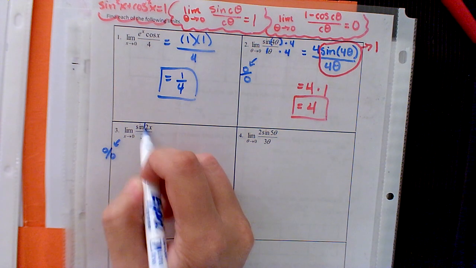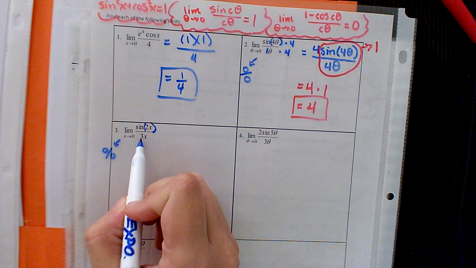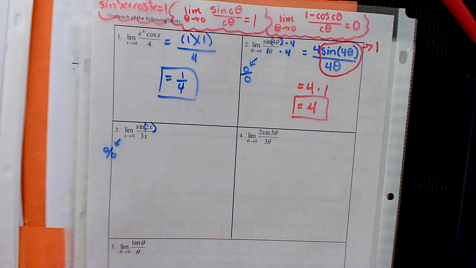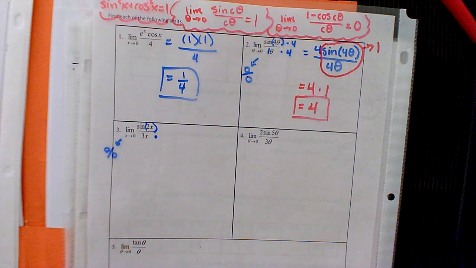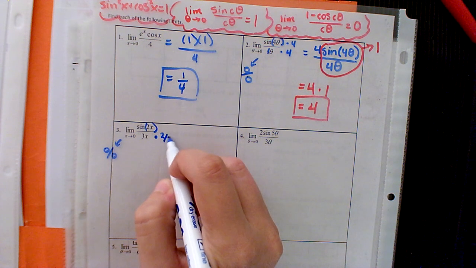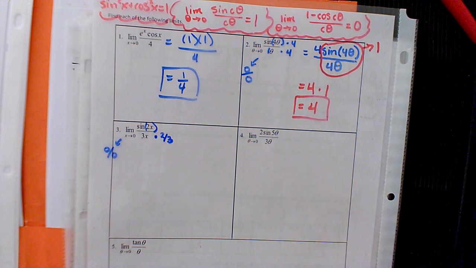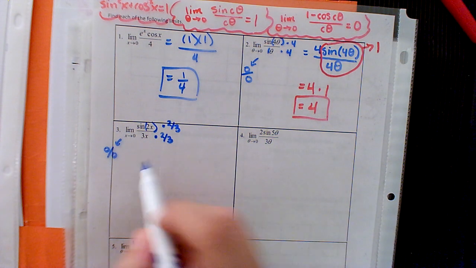You cannot change the top 2 because it's trapped inside the trig function of sine. But you can change the bottom 3, and we need it to turn into a 2. So what can we multiply 3 by to change it to a 2? 2/3. If we multiply the bottom by 2/3, you have to multiply the top by 2/3.